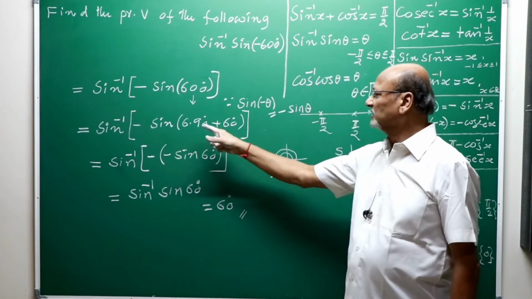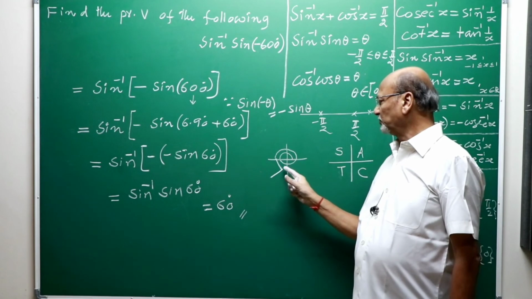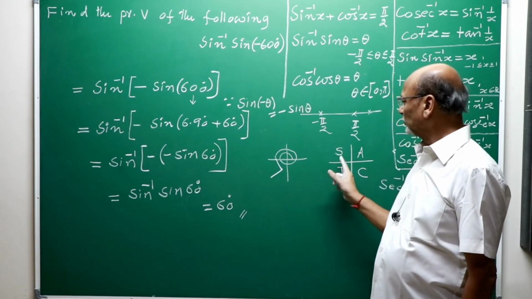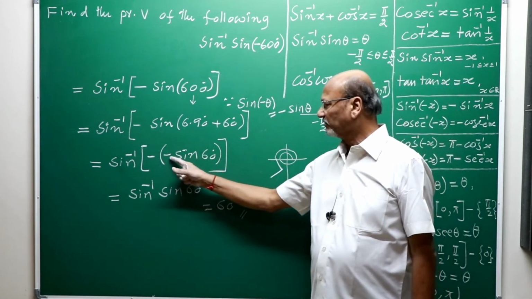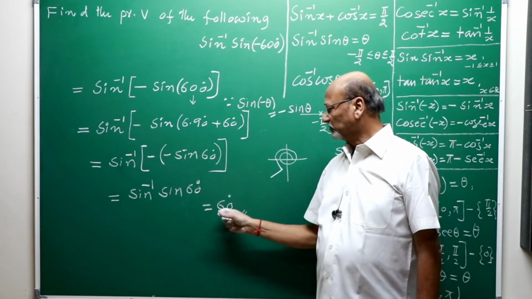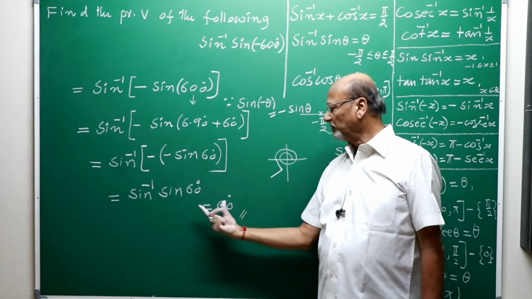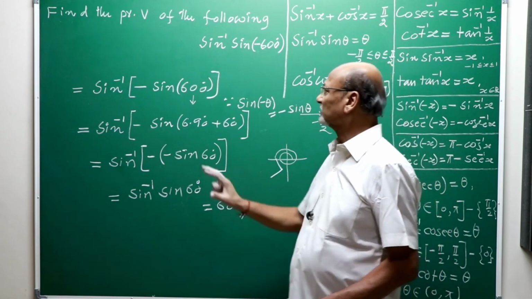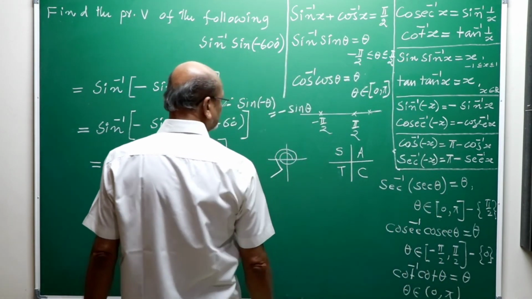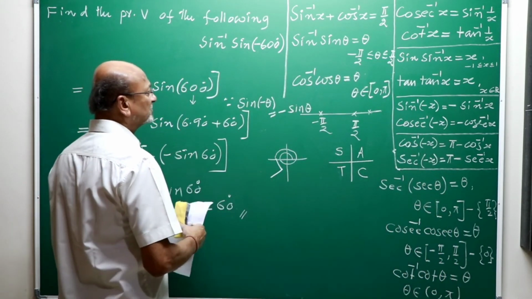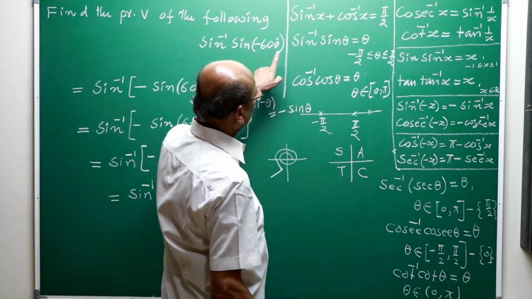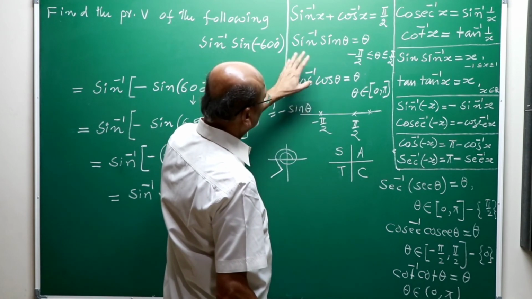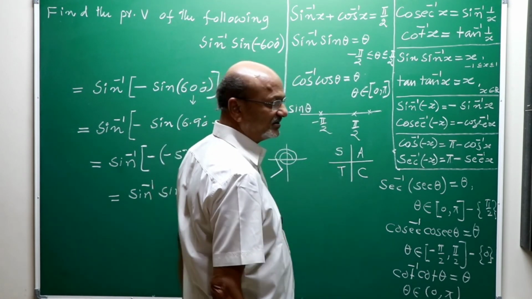What about the sign? 6 plus means it is in the third quadrant. In the third quadrant, tan is positive, sine is negative. Minus of minus is plus. You can use property 5. 60 is between minus 90 and plus 90, so we can make use of that property. Yes, my friends. I have taken these examples which depend on this property. What is that property? Sine inverse of sine theta is theta. Cos inverse of cos theta is theta. Like this one, I have taken these examples.